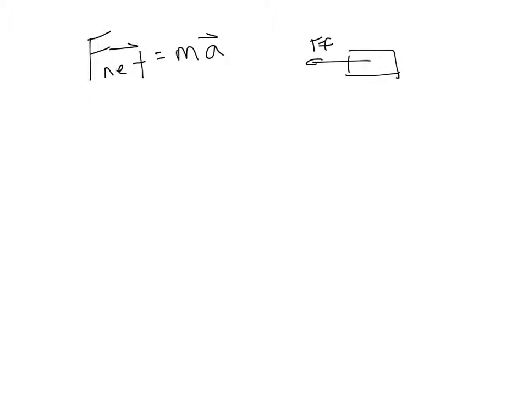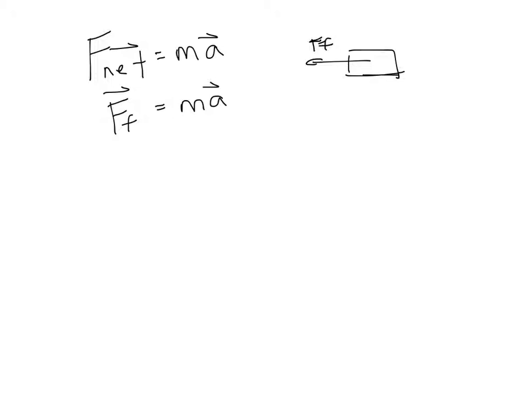Okay, so let's actually do that math and see how it plays out. We ultimately want to solve for acceleration, and we're going to do that with Newton's second law. F net equals mass times acceleration. We know from our free body diagram that the net force on the object is only caused by the force of friction acting backwards. So F net equals force of friction, equals mass times acceleration. And we have a formula for calculating how much friction is acting on this object.